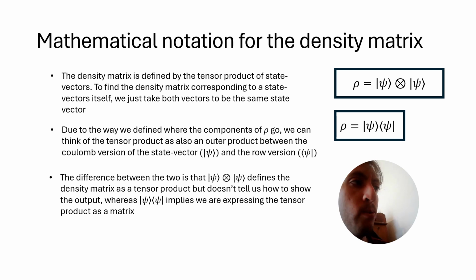But it's worth saying that in a lot of textbooks, they'll introduce the density matrix firstly as a tensor product, and then move on to thinking of it as this operation of multiplying a column state vector with a row state vector. But the two are kind of equivalent. One just explicitly says we should think about the density matrix as the matrix. The other one doesn't explicitly say that, although it does justify that the matrix idea would work.